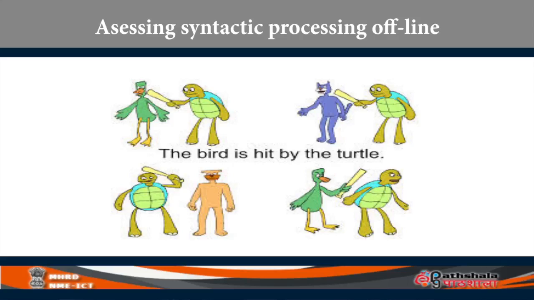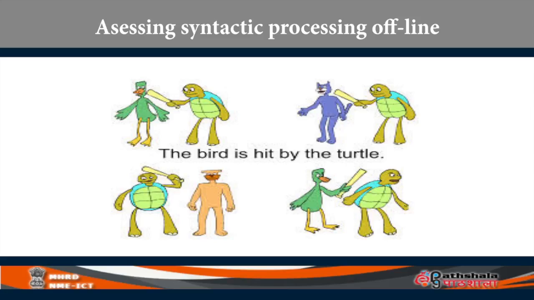So in the offline test, you simply ask who is doing the action, who is hitting, and the patient has to say something, and they note down whether it's correct or not correct. Or they might ask on whom the action is performed, that is, who is the object, and again you note down only correct or incorrect. That is offline testing, where you pay attention only to the accuracy of response.